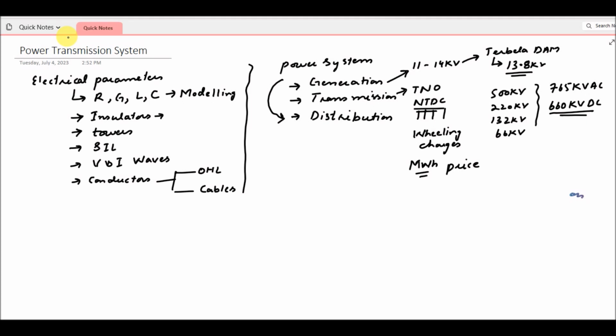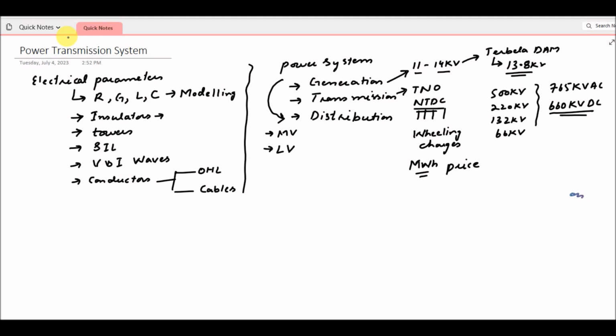So at generation we have 11 to 14 kilovolts, and for the transmission network operator we have NTDC, which earns money in terms of wheeling charges for every megawatt hour transferred from generation to distribution. In distribution we have two types: first medium voltage and second low voltage.